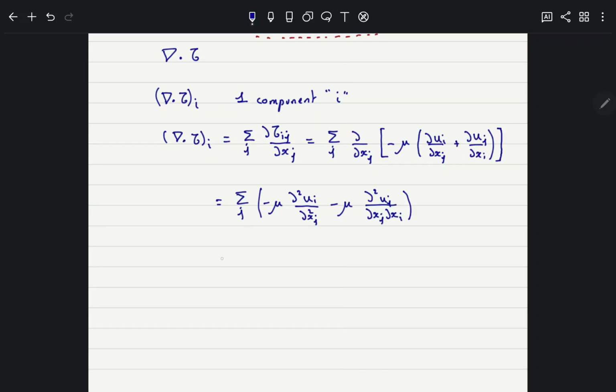Okay, and next, we are going to rewrite it as negative mu d2ui over partial derivative xj2, minus mu. And what I'm going to do here is exchange the roles of xi and xj, so I will put xi first and then xj here.